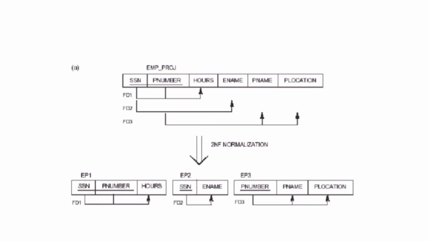Now, what is functional dependency? Functional dependency means Y is fully functionally dependent on X. Here my X is SSN and project number, and Y is hours, e-name, p-name, p-location. Hours is fully functionally dependent on SSN and project number.